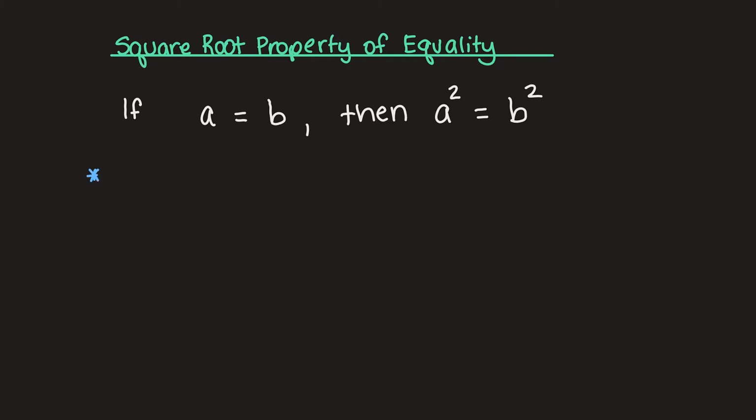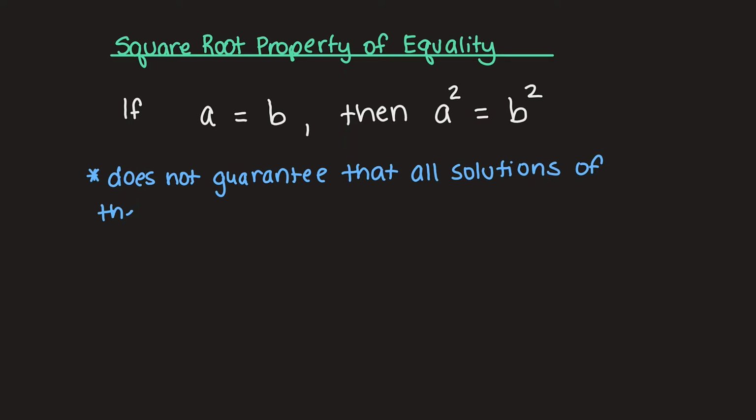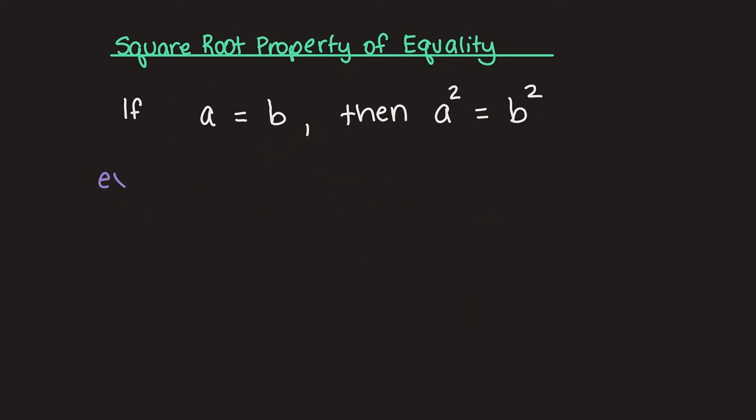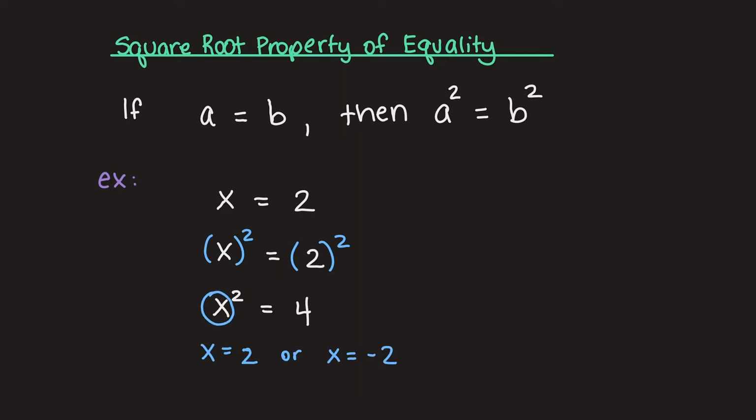Unfortunately, this squaring property does not guarantee that all solutions of the new equation are solutions of the original equation. For example, if we have x equals 2, and if we square both sides of the equation, we have x squared equals 4. This new equation will actually have two solutions for x.